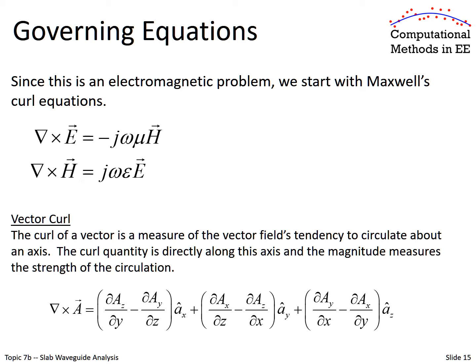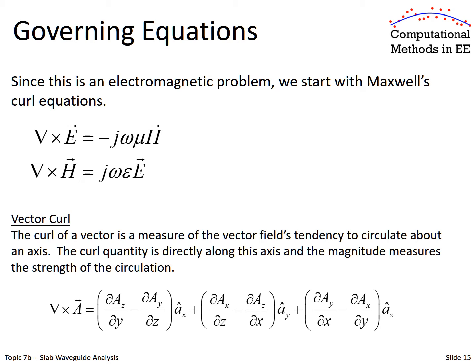And in this first equation that I highlighted, we're trying to quantify the tendency of the electric field E to circulate about some point. And curl gives us another vector, and the vector is pointing down the center or the axis of rotation of that circulation. So the first equation says if the electric field is circulating, we're going to have a magnetic field H at the center of that circulation.